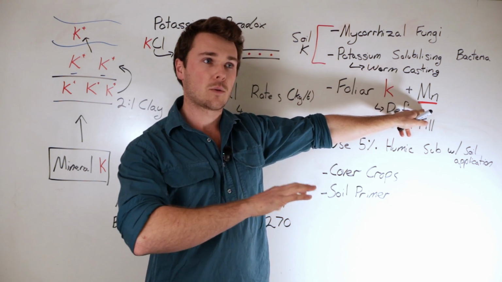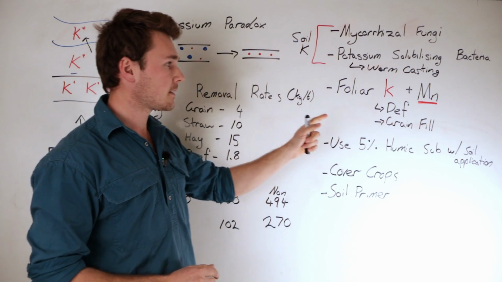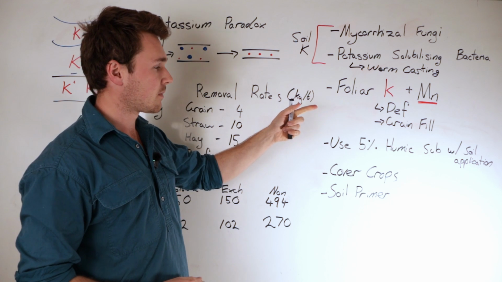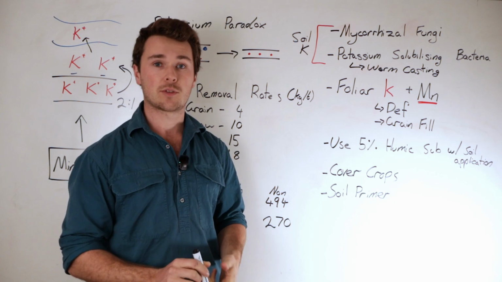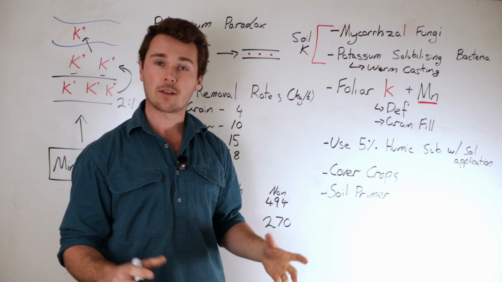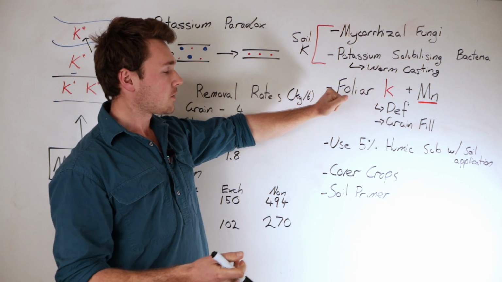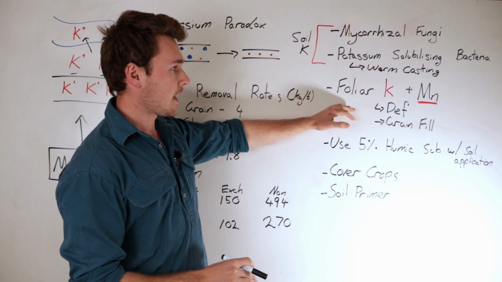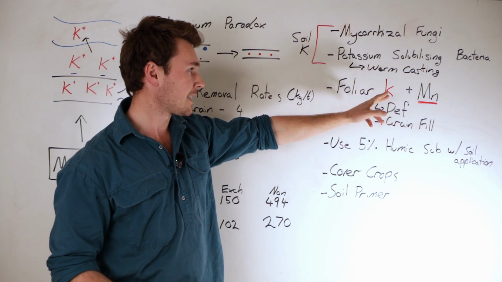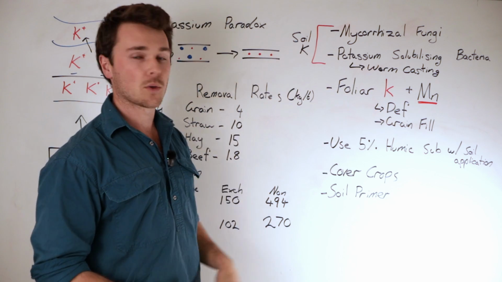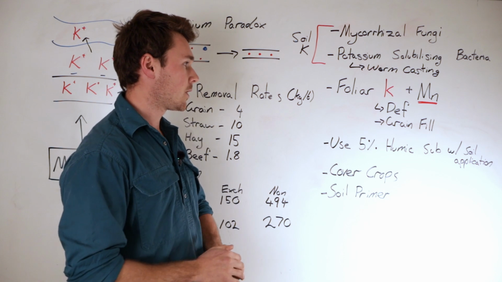Manganese tends to be quite high in our soils, but as we'll find out in the regenerative manganese management video, plants can only take it up in the reduced form, not the oxidized form. And a lot of our soils are oxidized, which means unless we really improve our soil health to reduce our soil environment, it's likely we'll have to be foliar applying manganese. But apply these two things together, and it will ensure that your potassium is right.